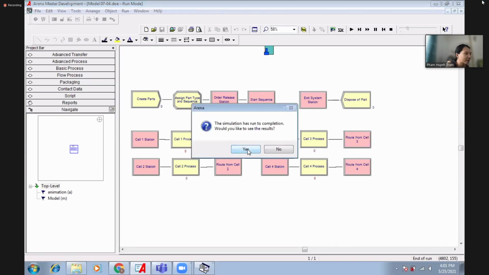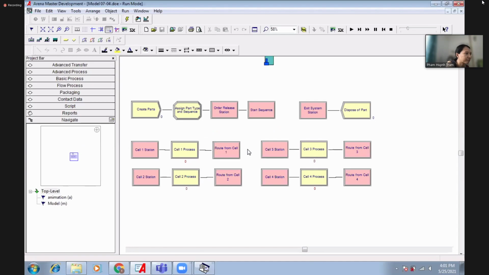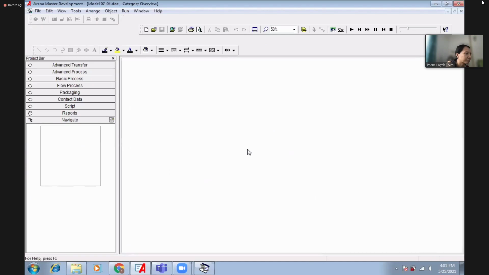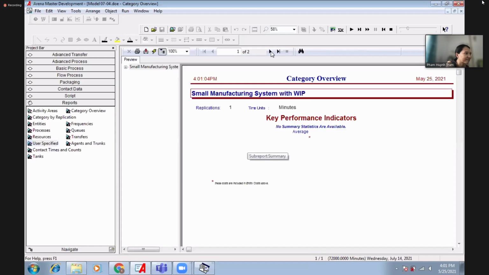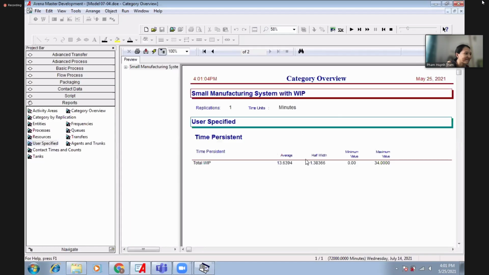Let's look at the result. In this case, Arena is still able to give us the half width of the total width, and the half width is very, very small here.